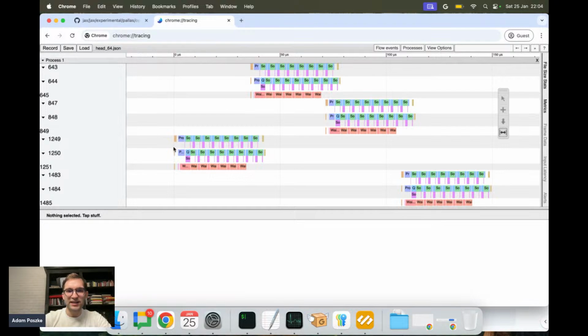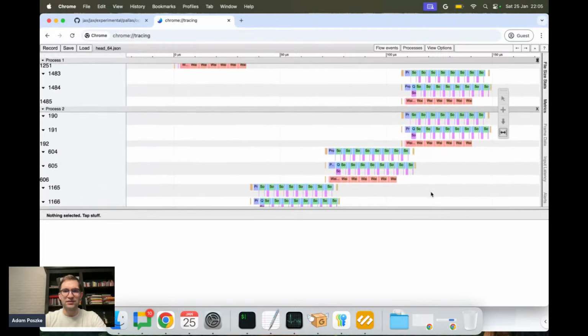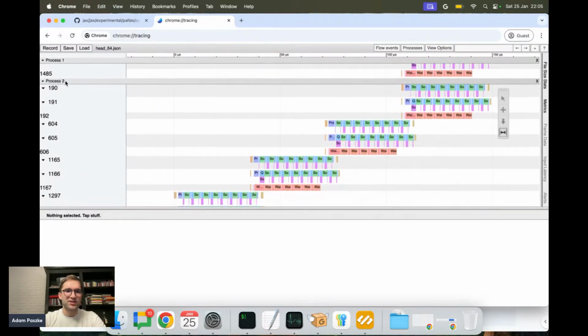Because we have a 3 warp group kernel, ideally those regions would be perfectly non-overlapping, because we can only fit one block on one SM at a time. And so you can see that generally there was only one block running on this particular SM at any given point in time. But if we switch to process 2, there will be other SMs, there will be other blocks, each block with 3 warp groups running in there.